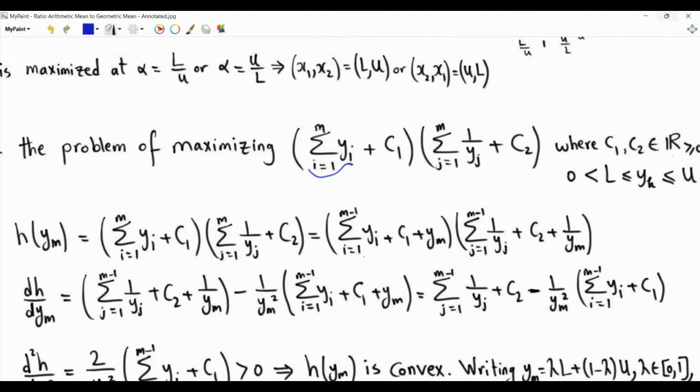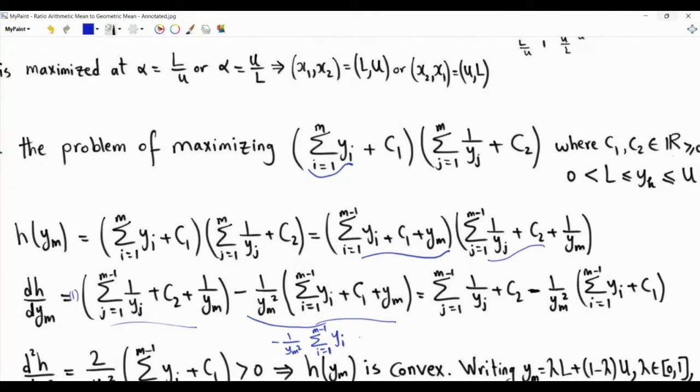The derivative of the product: the derivative of the first bracket is 1, and then we multiply, so we have 1 times the second bracket, and then we take the first bracket and differentiate the second one with respect to ym. Those terms do not depend on ym, and the derivative is -1 over ym squared. If we do this multiplication, we get -1 over ym squared times the sum, i from 1 to m minus 1 of yi.